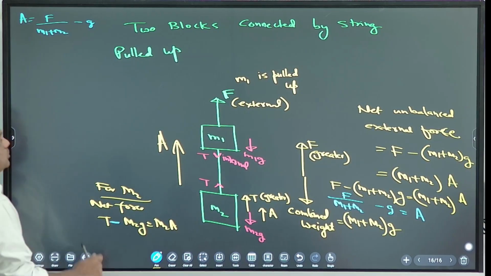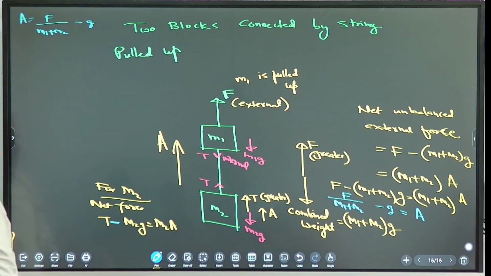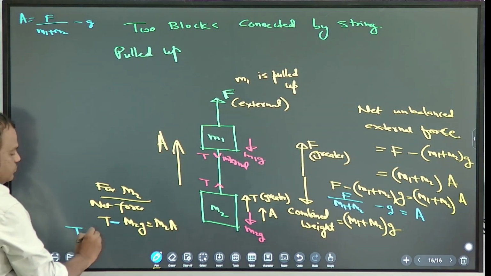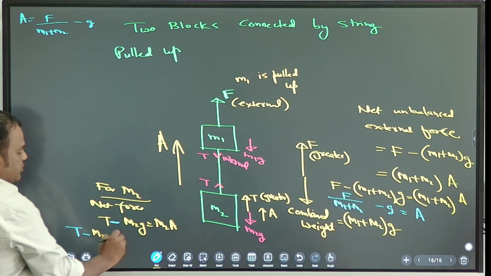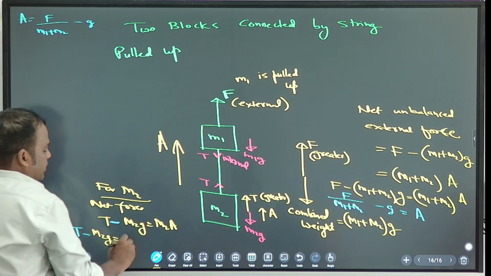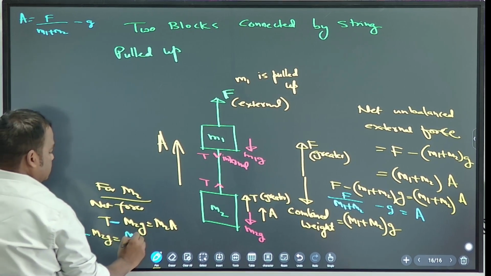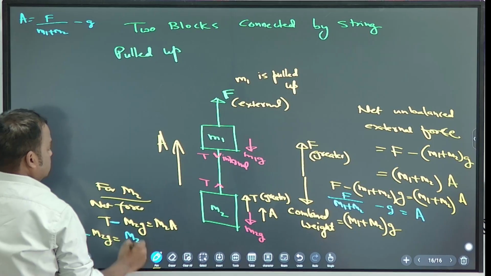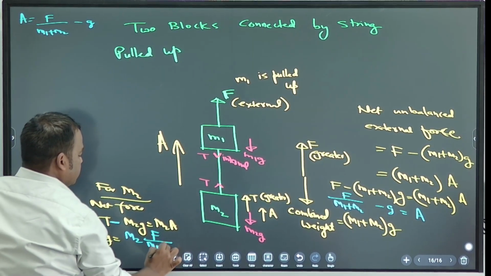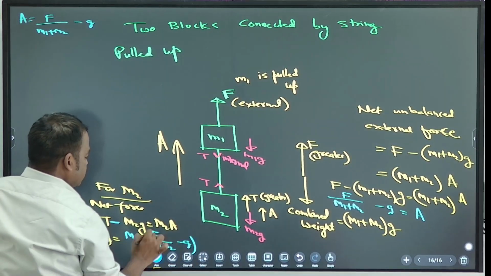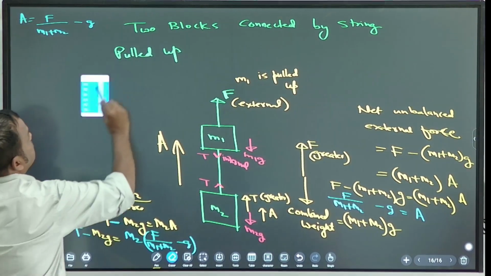Find tension, substitute this acceleration here. So T minus M2G is equal to M2A. Now M2 into A, F by (M1 plus M2) minus g. Okay. Now simplify this, solve this.